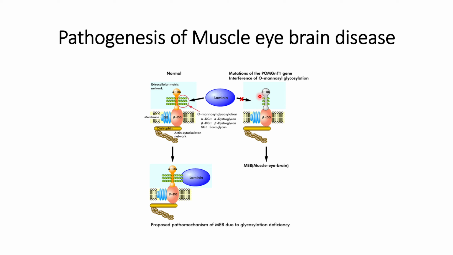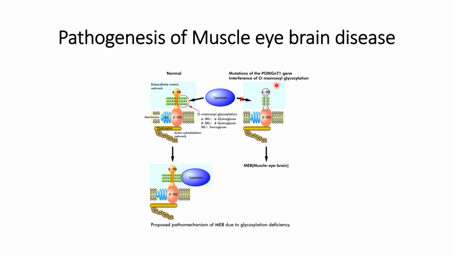The gene that is responsible for alpha dystrophin and beta dystrophin is the same gene, which is later cleaved during post-translational modification. With further investigation, it has been found that when this POMGNT1 gene is mutated, this might lead to a non-functional alpha dystrophin.